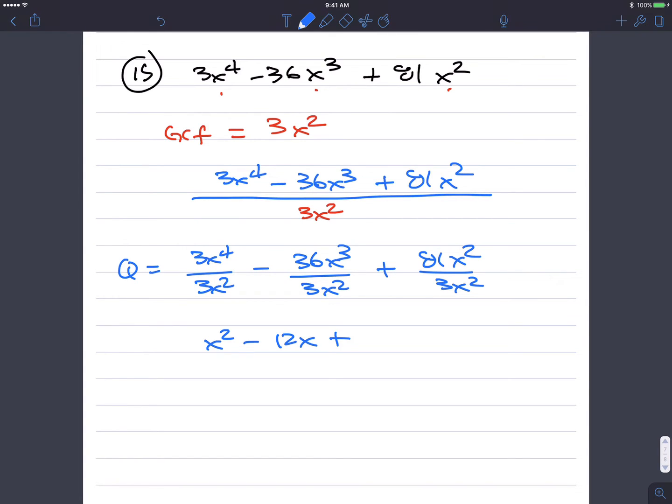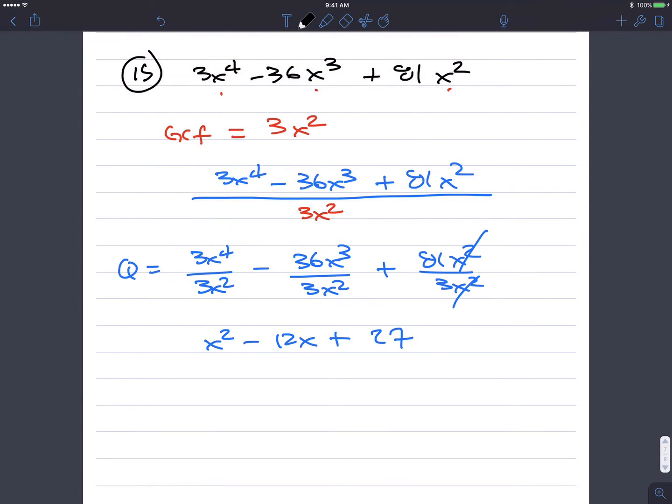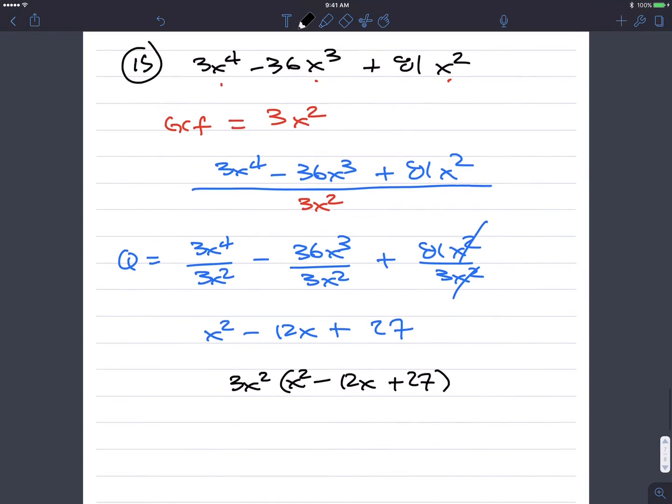What's 81 divided by 3? 27. Don't forget the x squareds go away. X cubed over x squared is x, and then x to the 4th over x squared is x squared. So here's the quotient now. All together, let's write it down. GCF, 3x squared. Quotient, x squared minus 12x plus 27.